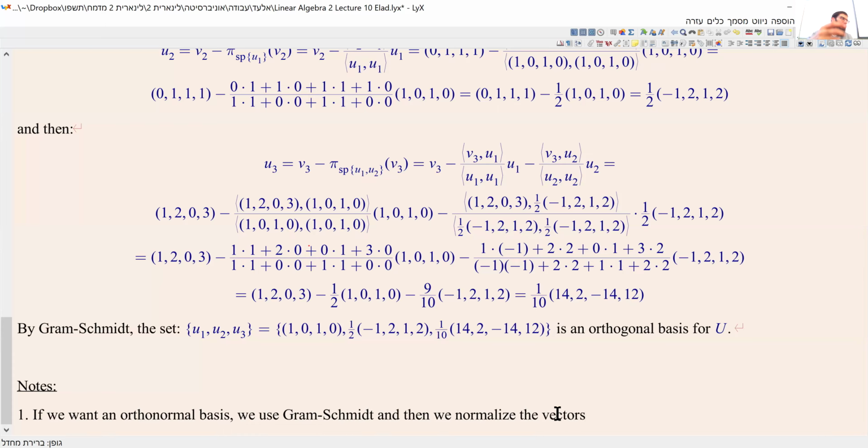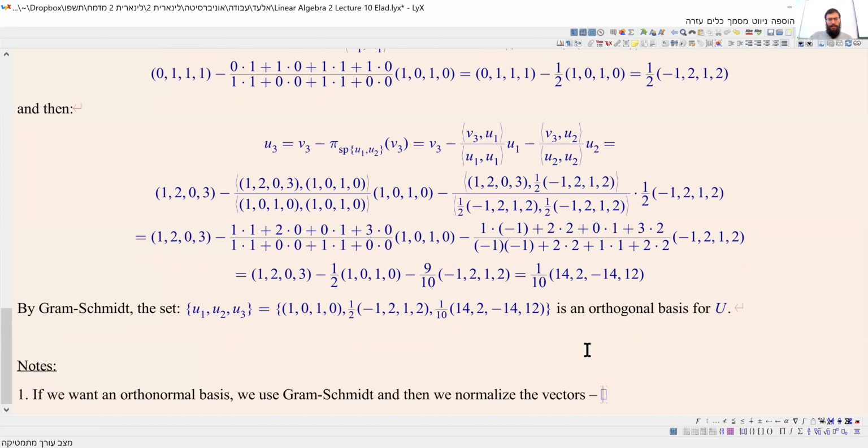Normalize is dividing each vector by its own norm. And the orthonormal set should be the vector u1 divided by its norm, and u2 divided by its norm, and so on.